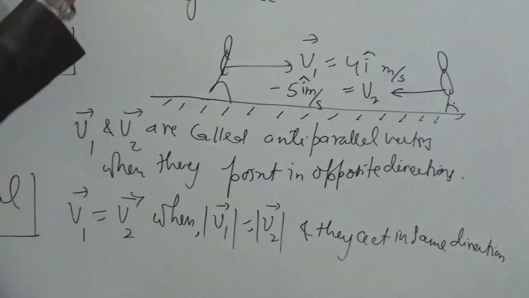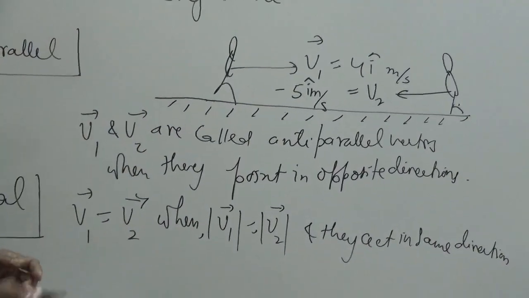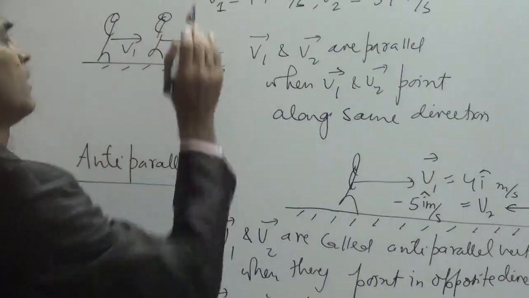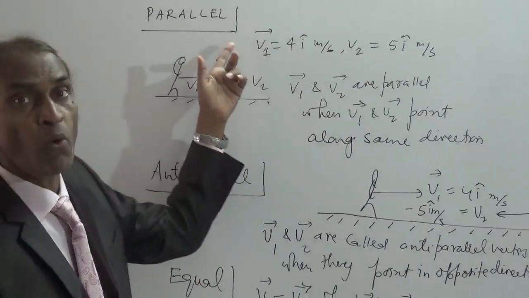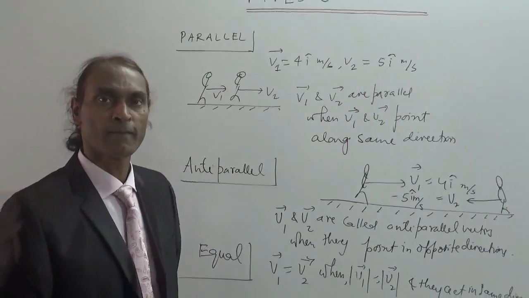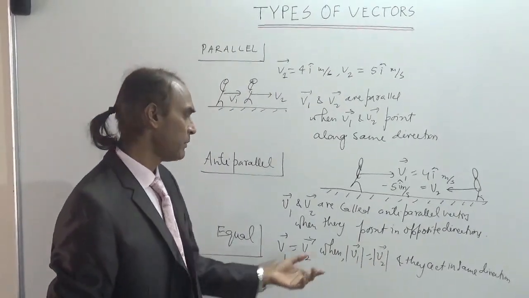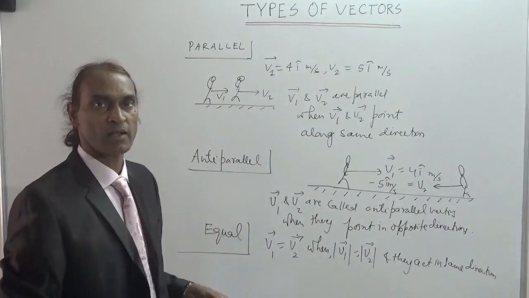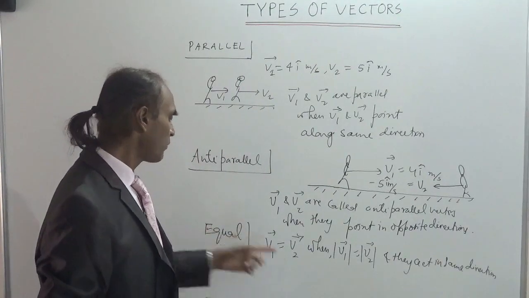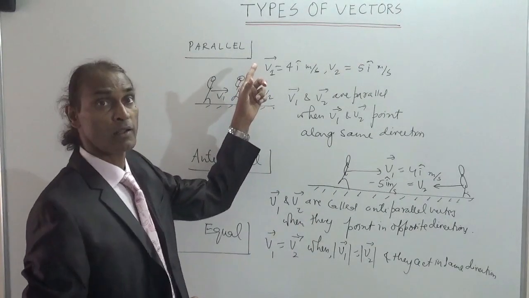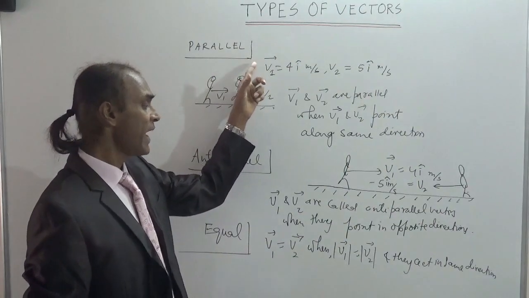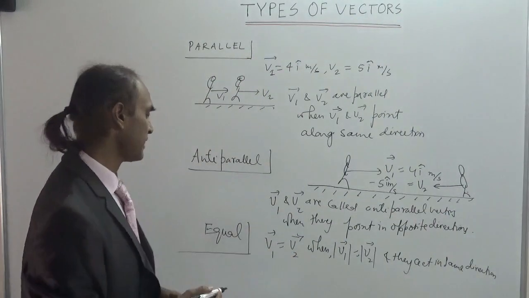Or in other words, two parallel vectors having the same magnitudes can be called equal vectors. Equal vectors must be parallel, but parallel vectors may or may not be equal vectors.